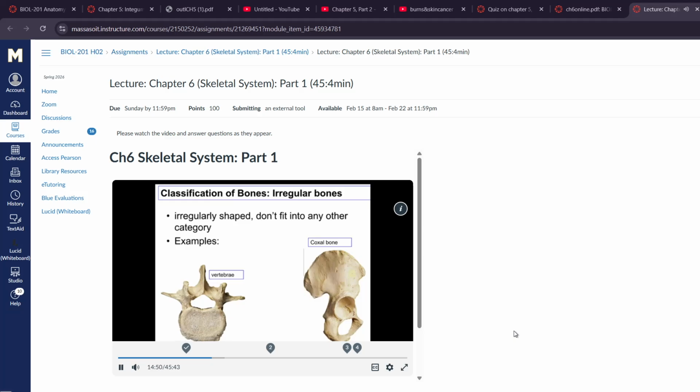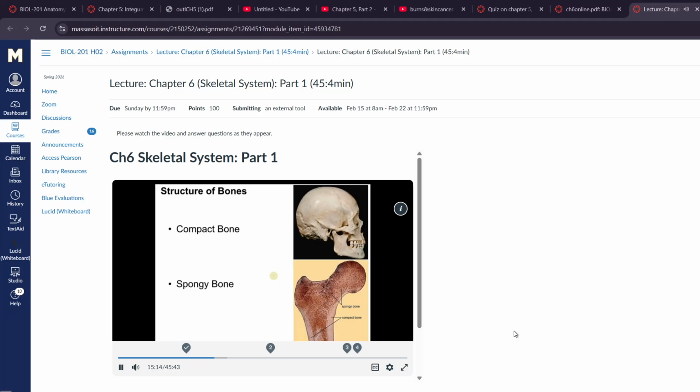And this bone here is called the ilium. And if the ilium was by itself, yes, it would be a flat bone. But once it fuses to the others and forms one coxal bone, it is no longer a flat bone because only this part is flat. The rest of the part is, I don't know what. So that's why it goes in the irregular category.